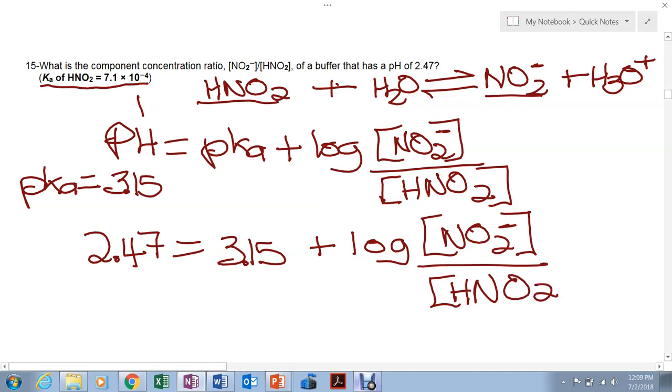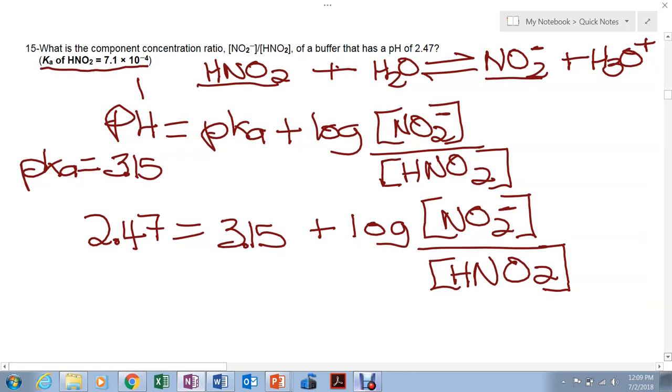You can call it X and solve it like that, or you can leave it there.